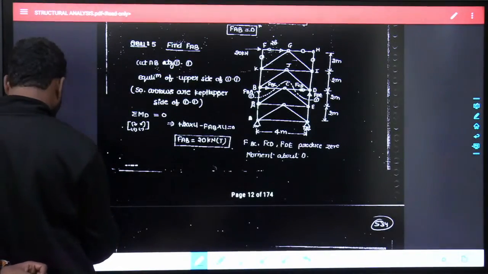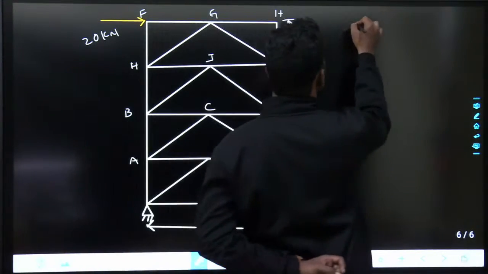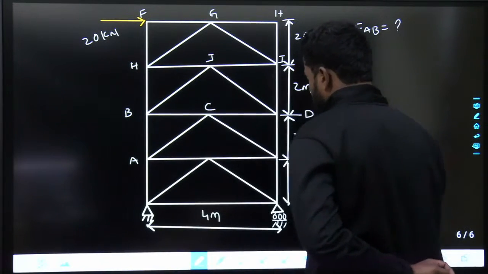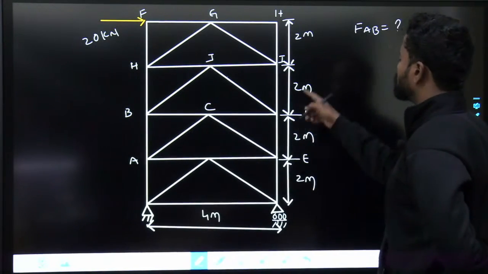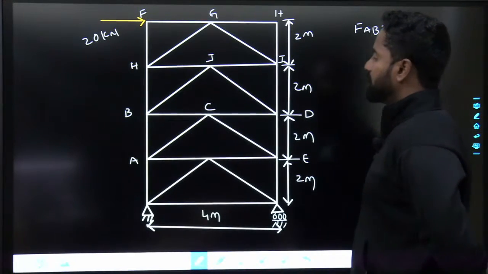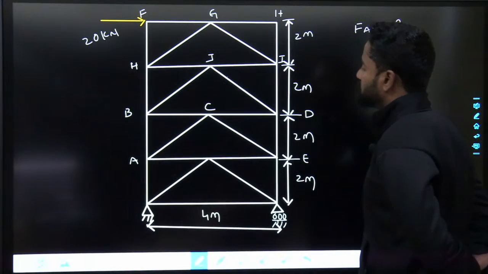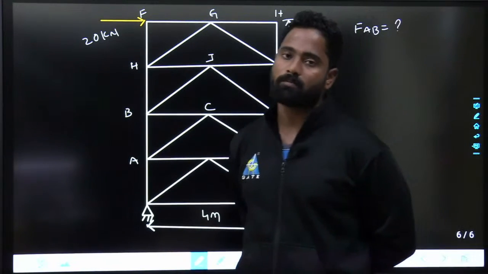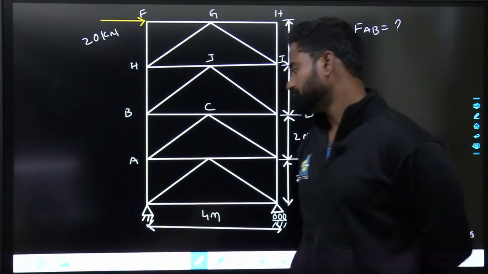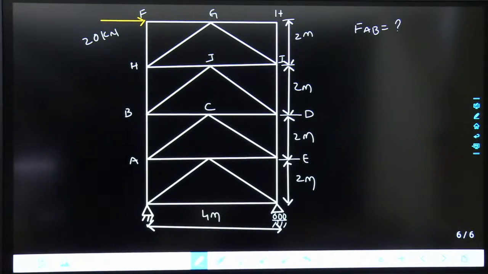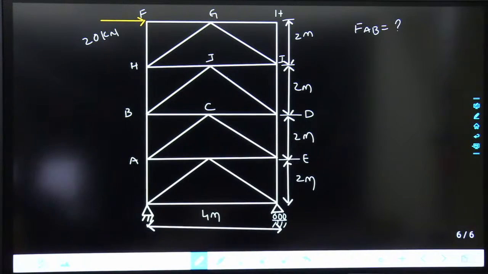What is he asking? He is asking what is the force in AB. This is 4 meters, 2 meters, and then he is asking what is the force in member AB. This is AB. Please find out the force in member AB.